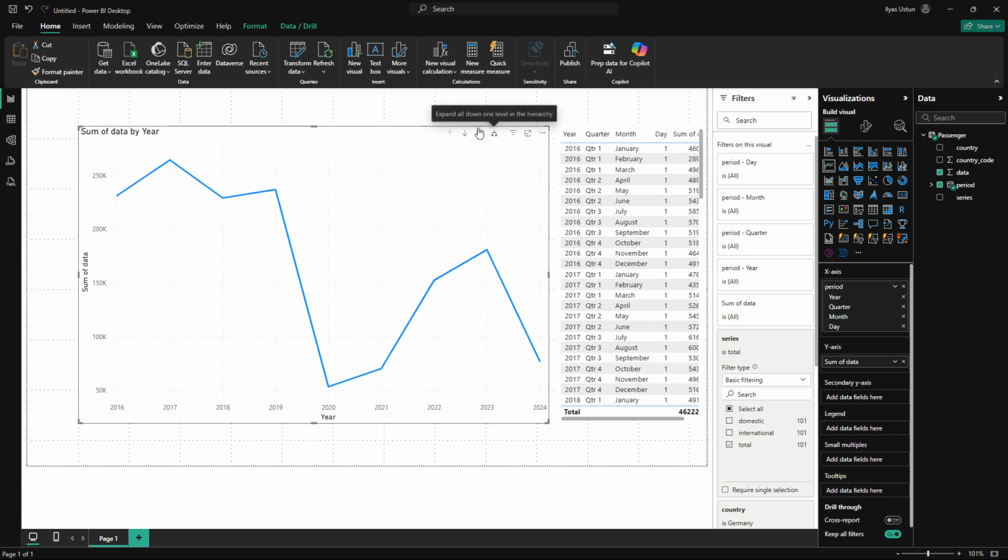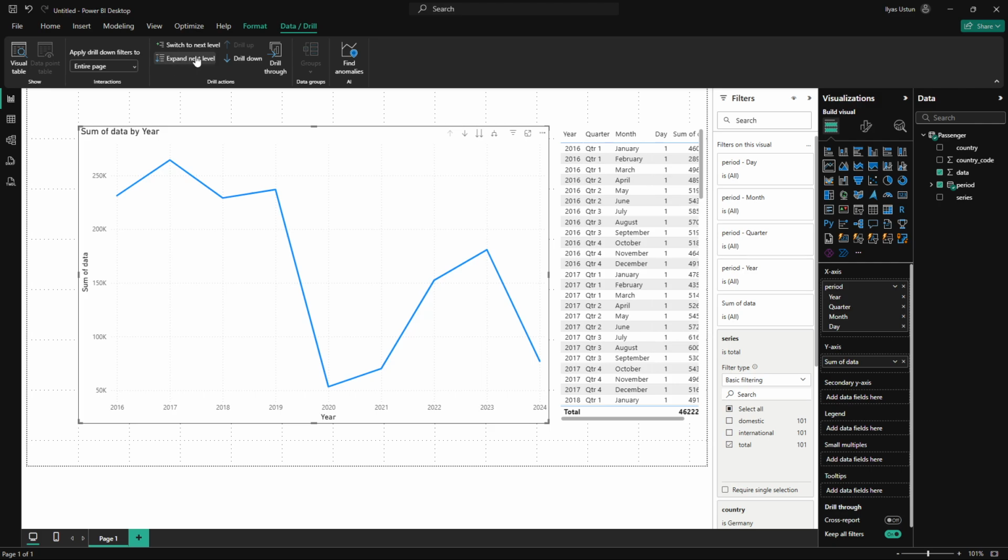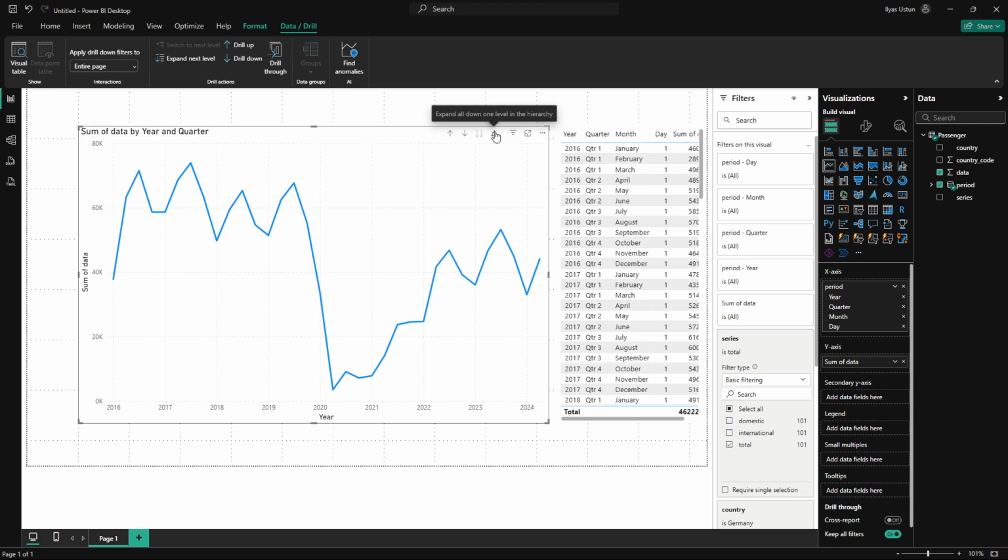Is this one, expand next level, or this one over here in data drill. If you go to this expand next level, let's click on that one. So now we are at the year and quarter level. What does this mean? It means we are considering both the year plus the year quarter, so the grouping is happening using both the year and the quarter information.